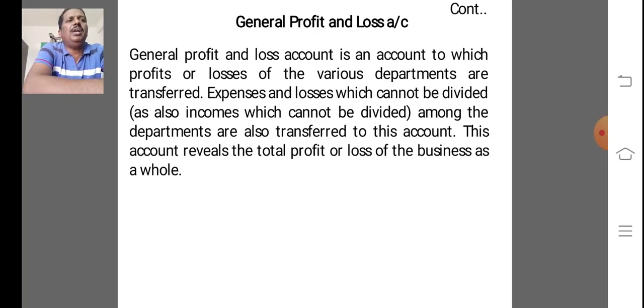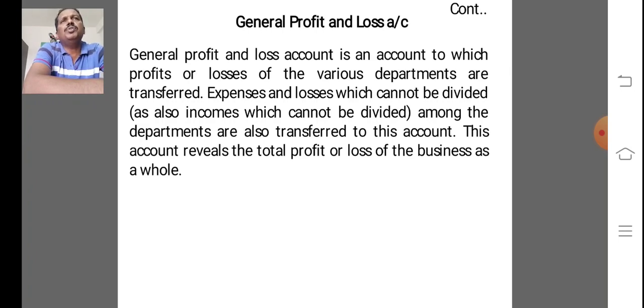A general profit and loss account is prepared to ascertain the final results of the concern for the accounting year. For preparation of general profit and loss account, the following details are required: net profit or net loss of each department, common incomes which are not apportionable, and common expenses which are not apportionable. Net profit or loss of each department can be obtained from the departmental profit and loss account.